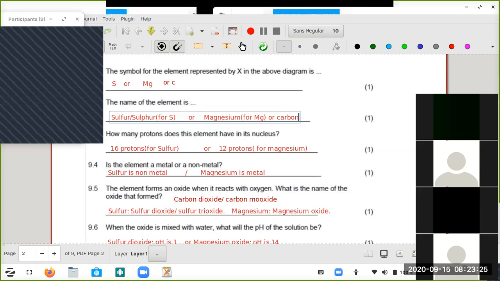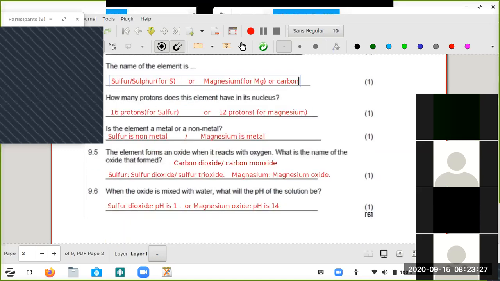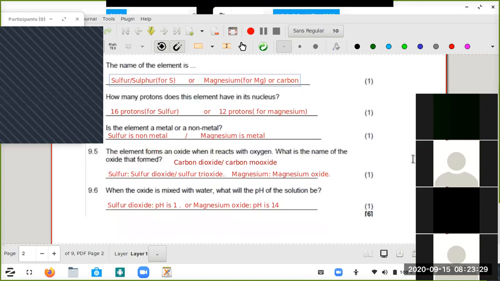I'm putting it in because we are talking about it. If it is carbon, the number of protons will be 6.